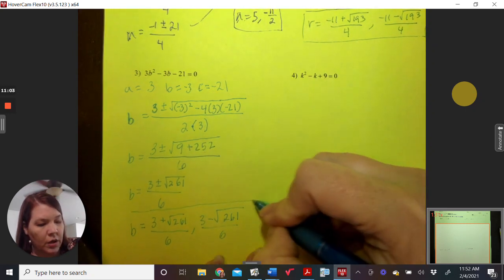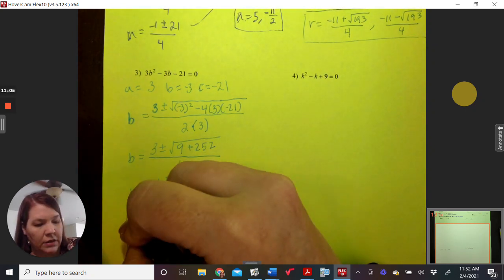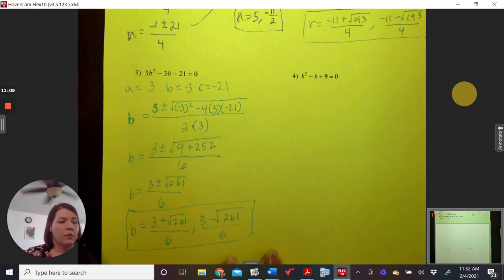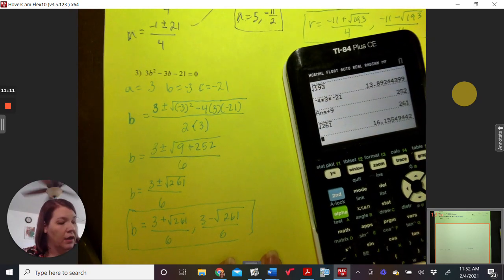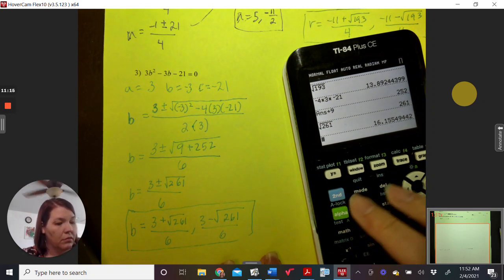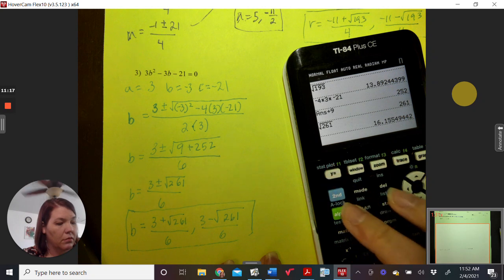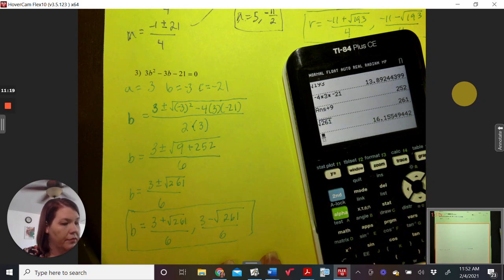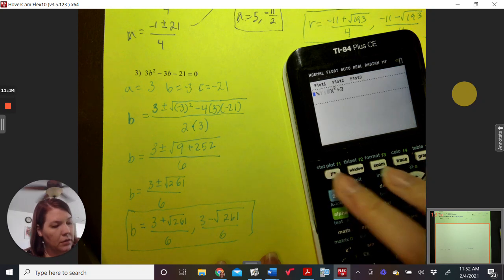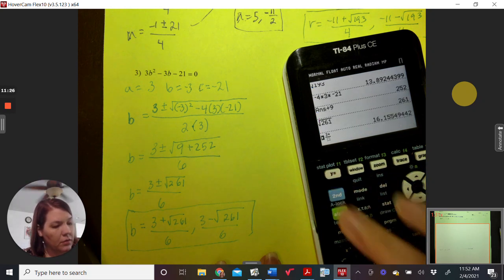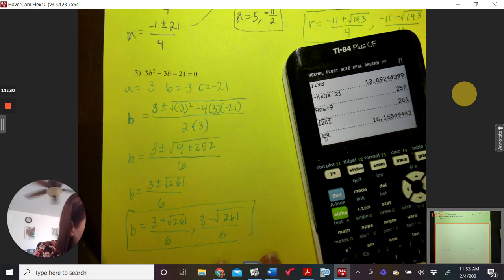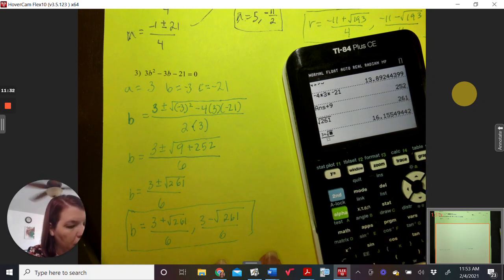But if I wanted a decimal, this is what I'd plug into my calculator. This calculator is cool like that because I can go 3 plus square root 261 over 6.